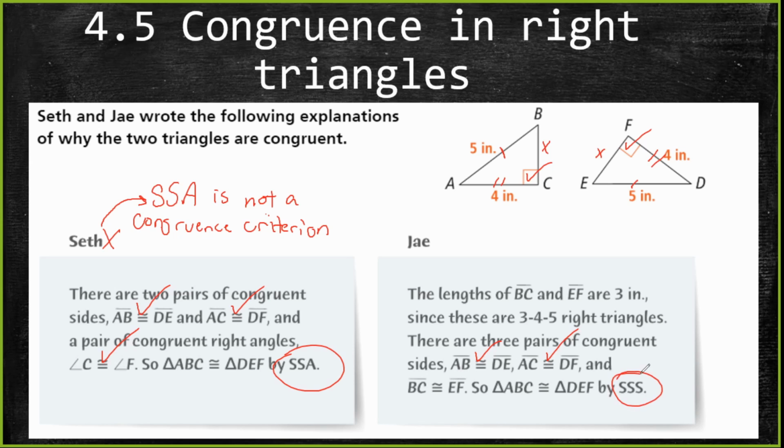Now, he's ultimately going to use side-side-side, but I would need a way to prove that BC and EF are congruent. And what we're going to be learning in 4.5 is actually something called the hypotenuse leg theorem. So we could do that in class, and at the end of this, we'll just say by HL. But let's verify Jay's thoughts here.